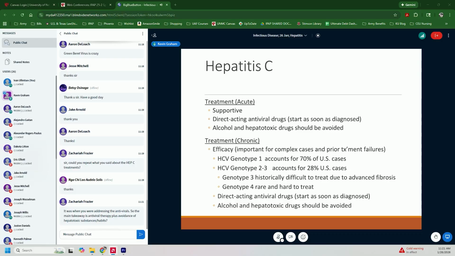Zach, absolutely. If we can get the individuals to avoid things that damage the liver independently, and there are certain medicines. I mean, Tylenol is kind of the flagship one that's processed by the liver, and so excessive Tylenol use can hurt the liver. Alcohol we know is processed by the liver. So if we can get the individual to stay away from things that we know will hurt the liver, drugs, alcohol, etc., and we give them the antivirals, they stand a pretty good chance of seeing a good outcome.